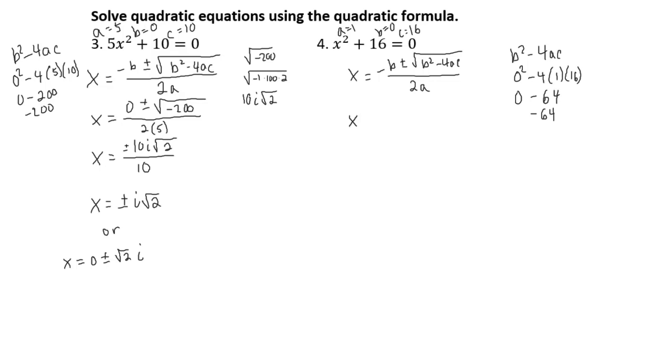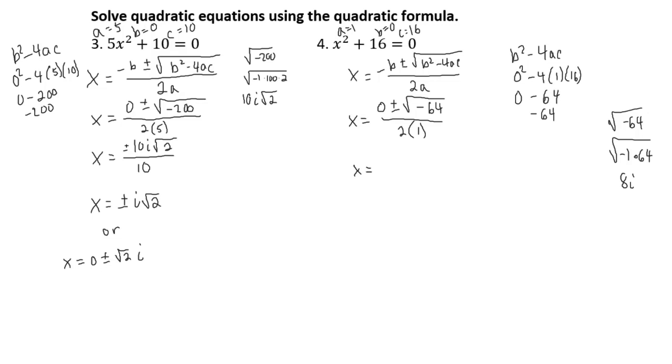And then we have x equals 0 plus or minus the square root of negative 64 divided by 2 times 1. So let's look at the square root of negative 64. Well, that is just negative 1 times 64, so that becomes 8i.